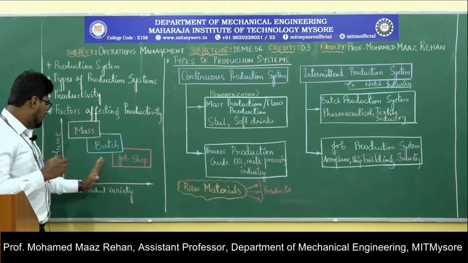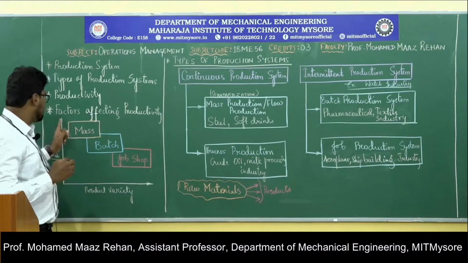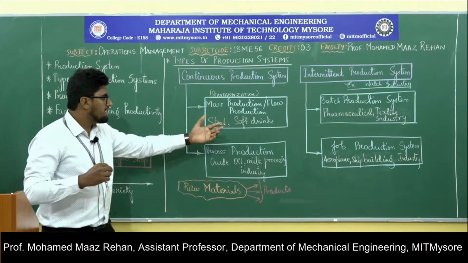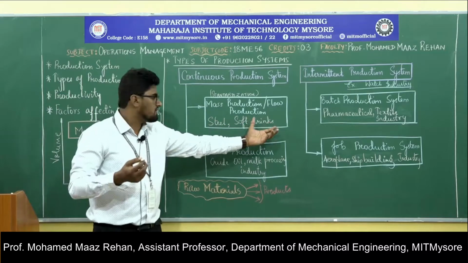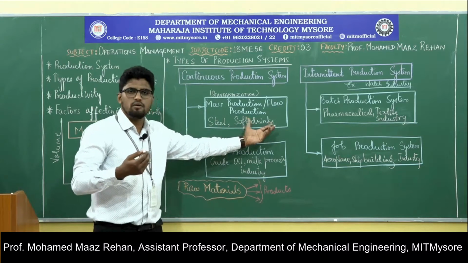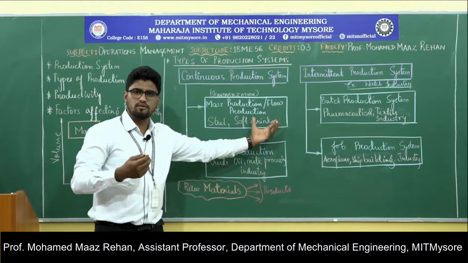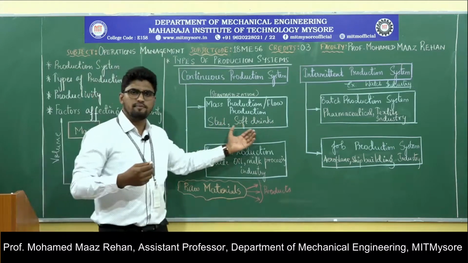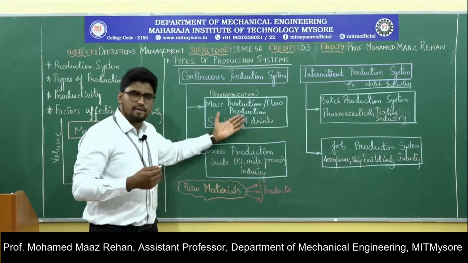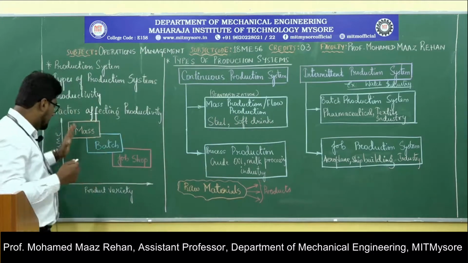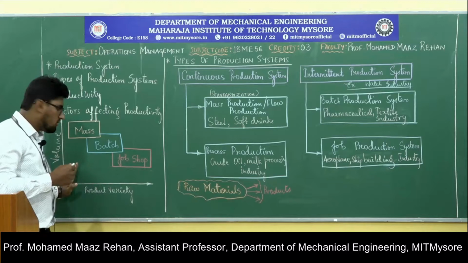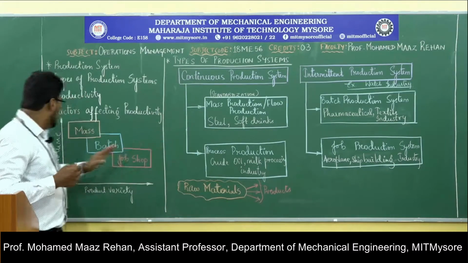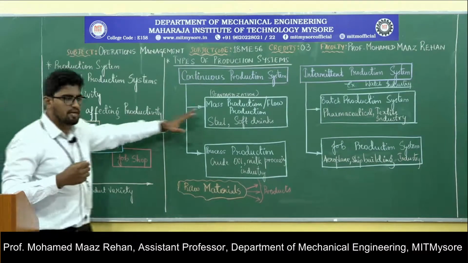Take a soft drink, for example: in a Coca-Cola industry, the output is only Coca-Cola, so we are not going to manufacture other products. The product variety is very low and the volume is high in mass production.